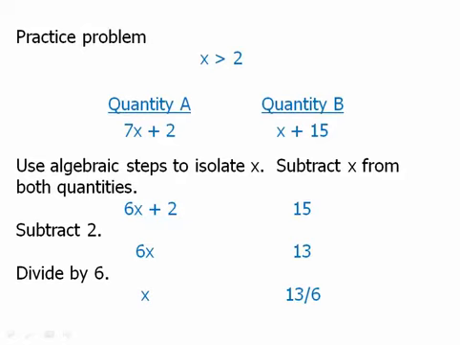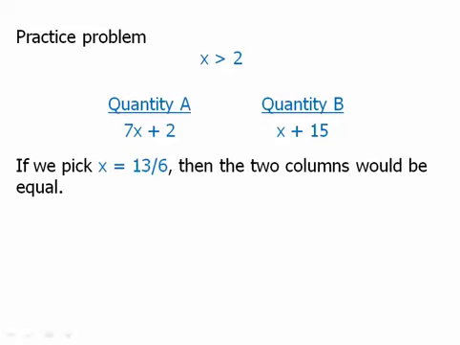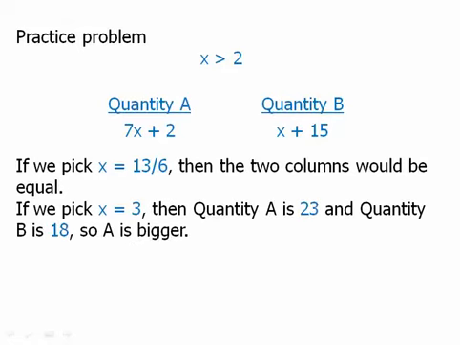So if x is greater than 2, which of these two quantities is bigger? Well, notice that, for example, x could equal 13 over 6, because 13 over 6 itself is a number slightly bigger than 2. Again, there's no guarantee that x is an integer, so don't add that restriction here. X could be any number, so x could be 13 over 6, and in that case, the two columns would be equal. If we picked 3, for example, and plug in, then quantity A is 23, quantity B is 18, so A is bigger.